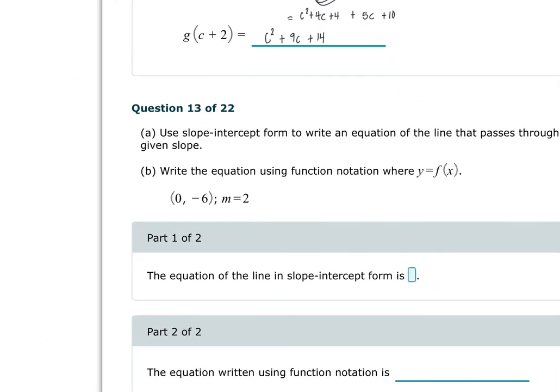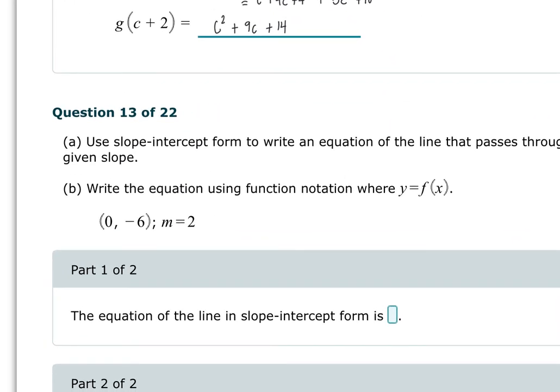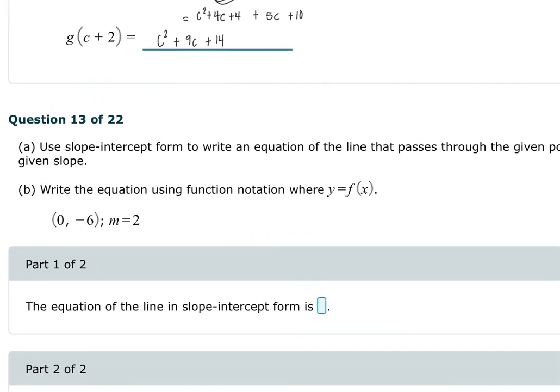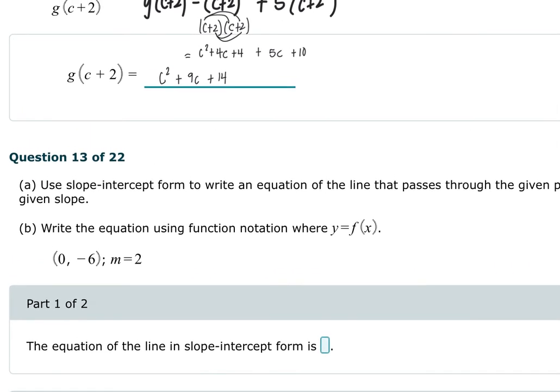Okay, on the next one, use slope-intercept form to write the equation of the line that passes through the point in the given slope. Well, I already have my b. It gave it to me. Whenever a coordinate's x value is 0, it's a y-intercept. So b is equal to -6.